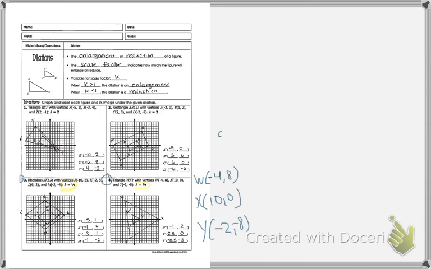Okay, we've established that our scale factor is 1/4. That means we're going to multiply every single coordinate times 1/4.